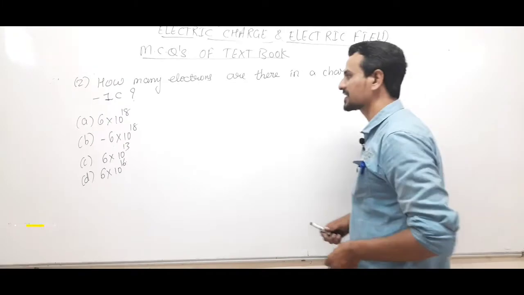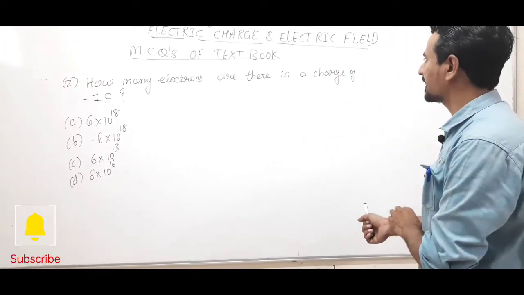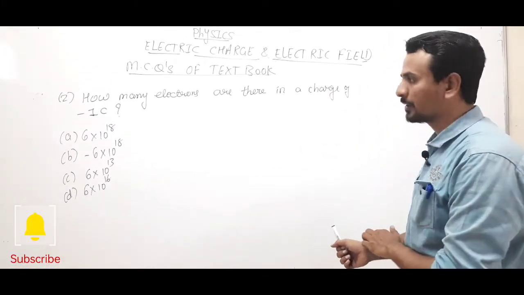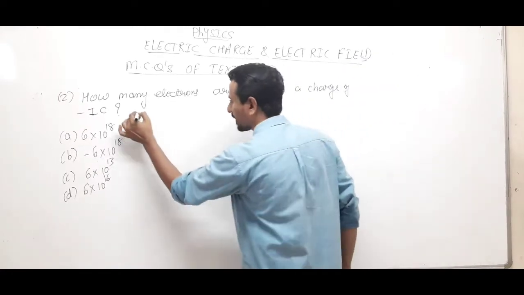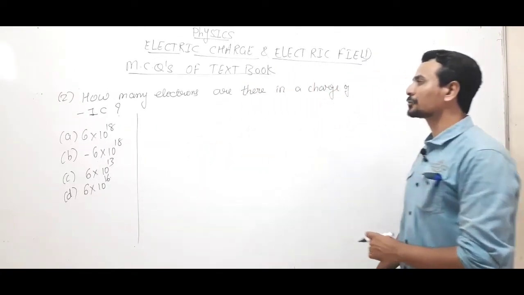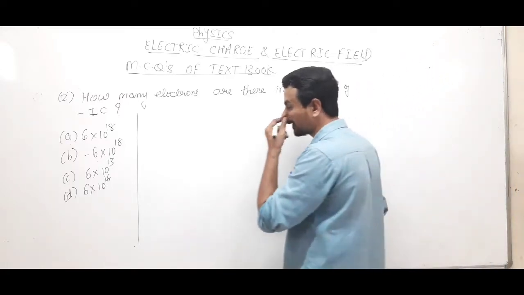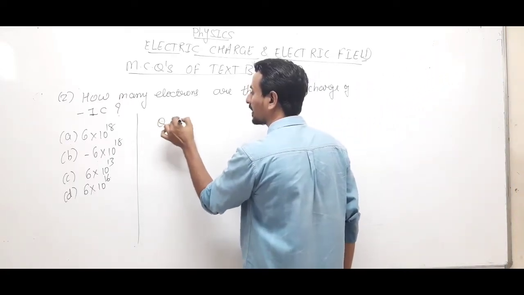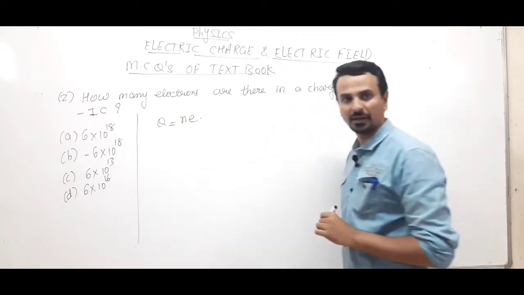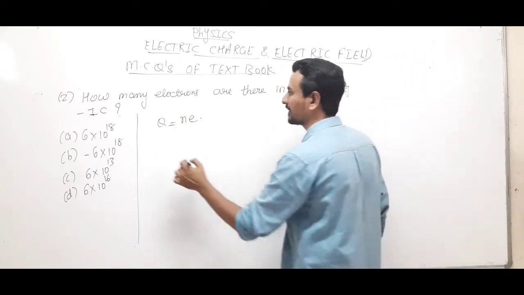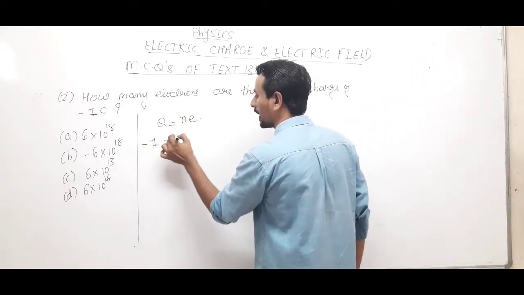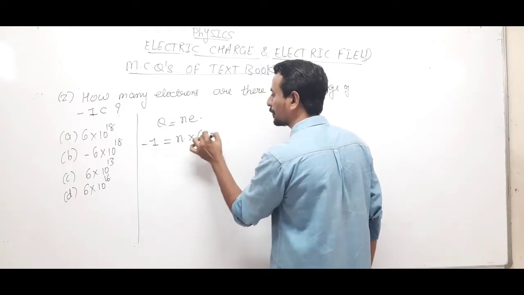Again, this is from your textbook. How many electrons are there in a charge of -1 coulomb? Probably this was asked in the board exam. To calculate the number of electrons in a charge of -1 coulomb, we can use the formula of quantization of charge, Q equals NE. Q is equal to -1 coulomb and N is what we are supposed to calculate.